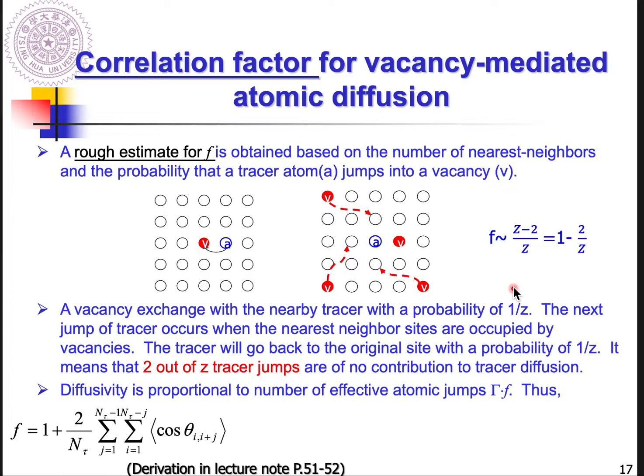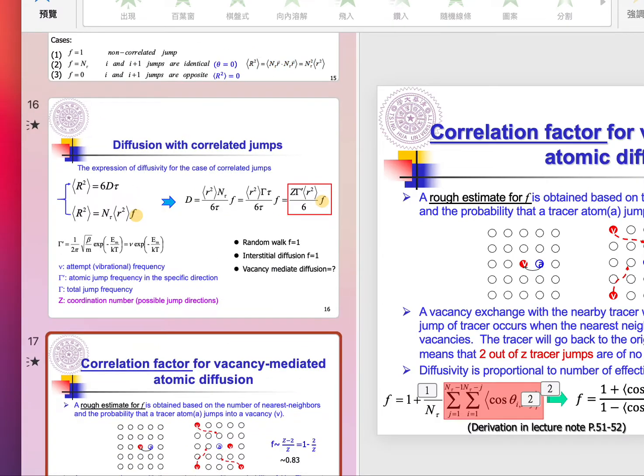Then you can get the correlation factor F. But the other method to estimate F is based on the definition of the correlation factor F. Based on the previous slide, this is how we define F. So in order to get F, you need to sum the average of the cosine theta term. For the detailed derivation, you can check the lecture note, pages 15.1 to 15.5.